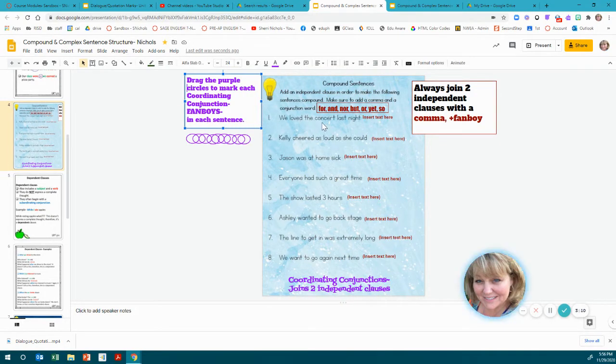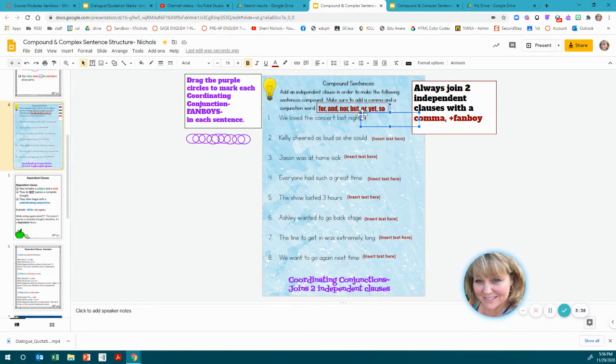So we loved the concert last night. That is an independent clause. Subject, we, verb, loved. The concert last night is a complete thought. But I don't want to stop the sentence there. I want you to then add something that is related to that sentence. So you have to put a comma and a fanboy. We loved the concert last night.